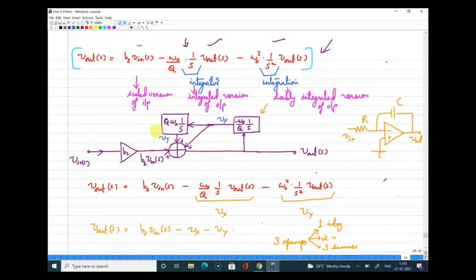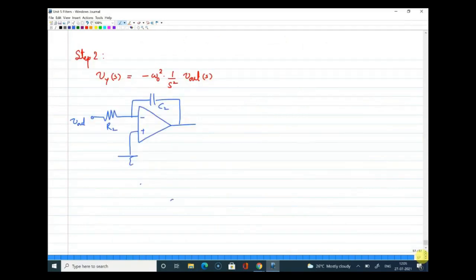So at the block level, Vx is provided to one more integrator to generate Vy. In the same way, I'll be getting Vy of S, but I will not be feeding V out here. What I will feed here is Vx.